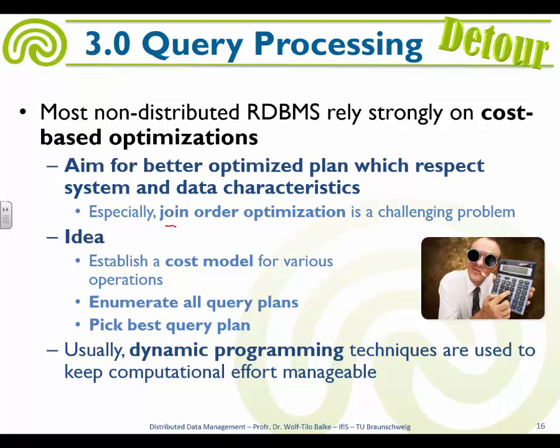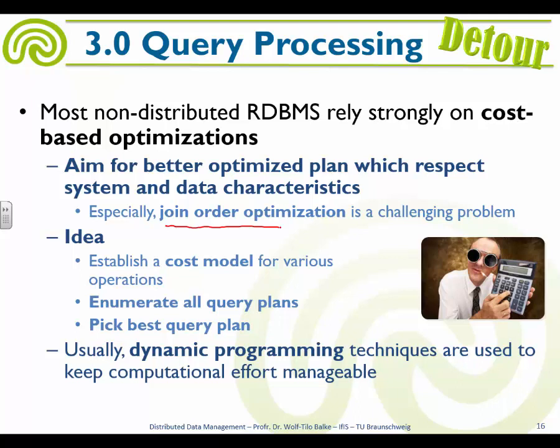And one thing that you do is a very difficult problem, which is looking at the join order optimization. This is something that we actually care a lot about when you do these cost models. And the way that in general these cost models work is they try to enumerate all the possible query plans that might exist, and then they pick the best one.